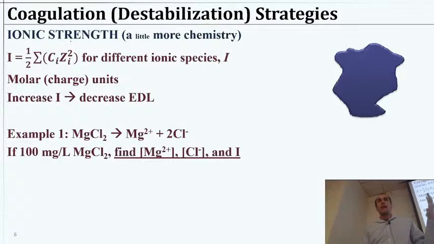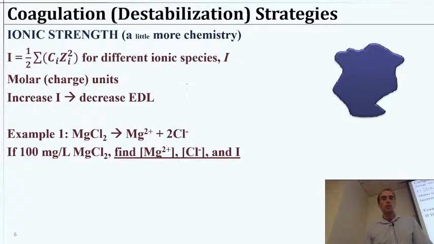The equation is our ionic strength, I, or maybe sometimes you'll see it IS, is equal to 1/2 times the sum of all the concentrations of the charged species times each one of their charges squared.